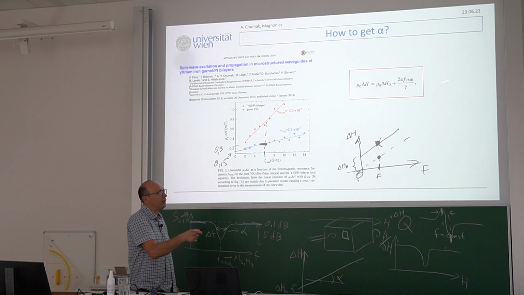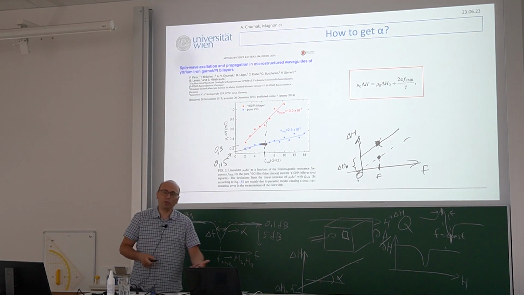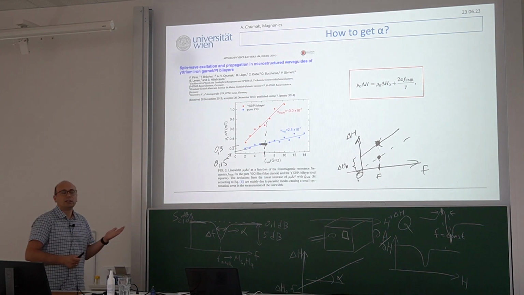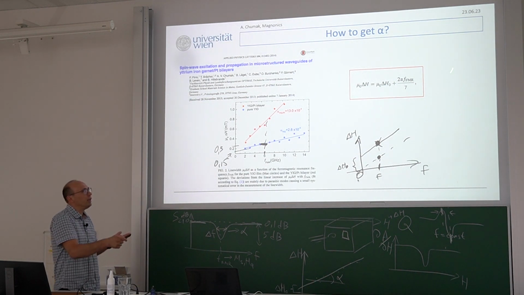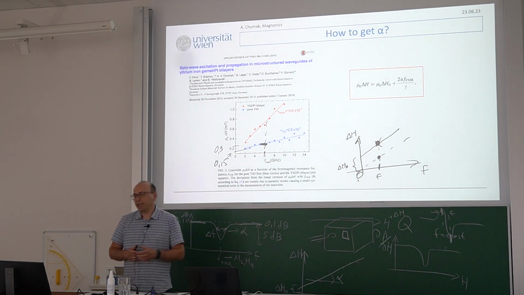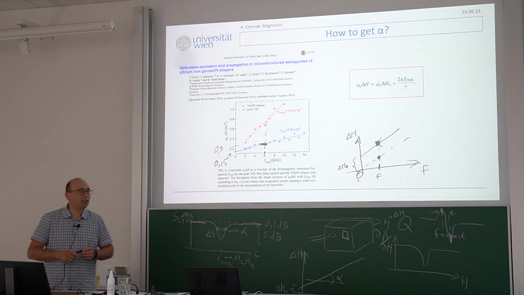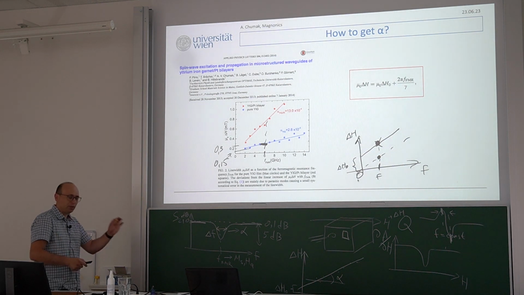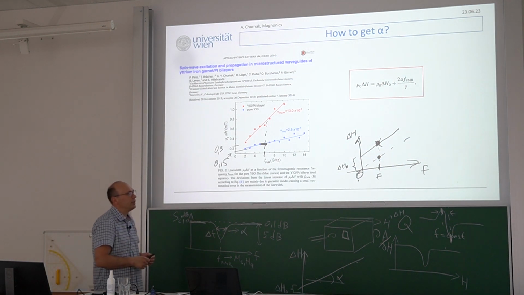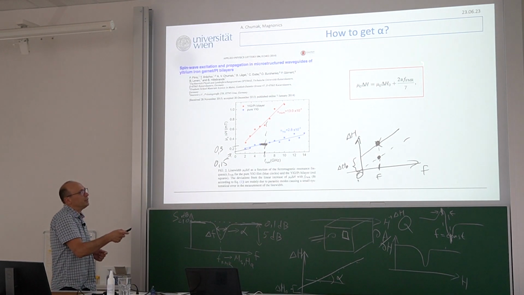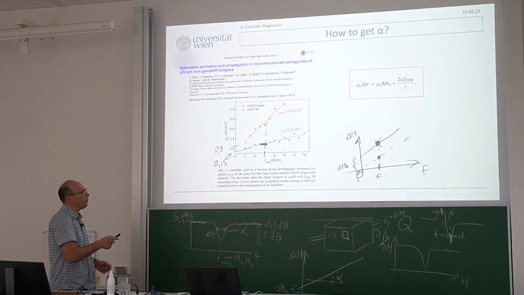Then you have practically a flat line with very small alpha, and when you just look at the values, you think, wow, cool, great sample, practically very small damping, but in reality it's only because delta H0 is very large. Therefore, my message here is that at the end of the day, in the majority of cases, what matters for us is not alpha, but full delta H at some given frequency, and that is a measure of the damping. But still, of course, when you write a paper, alpha is important.